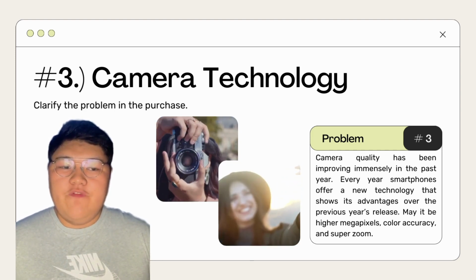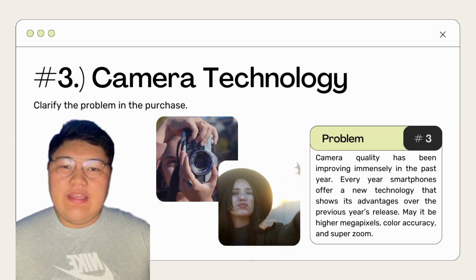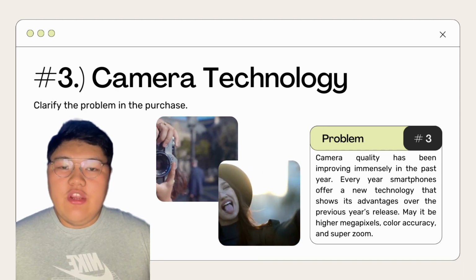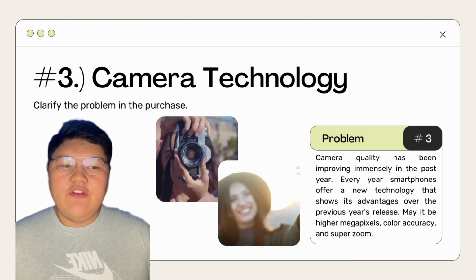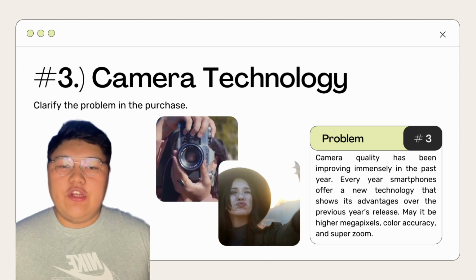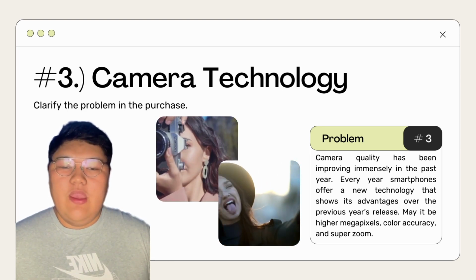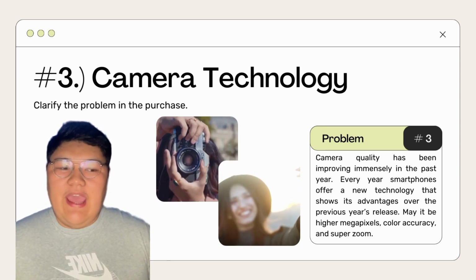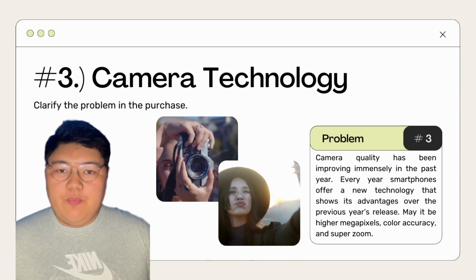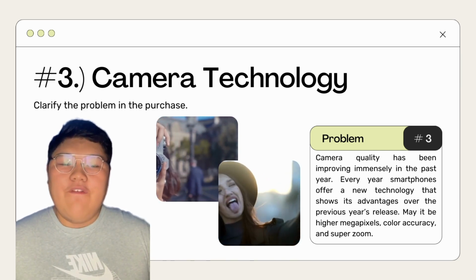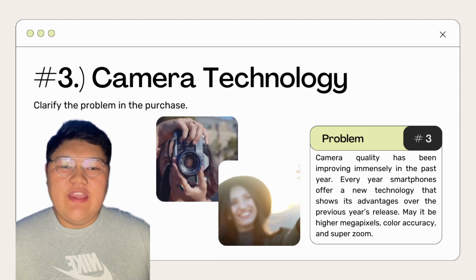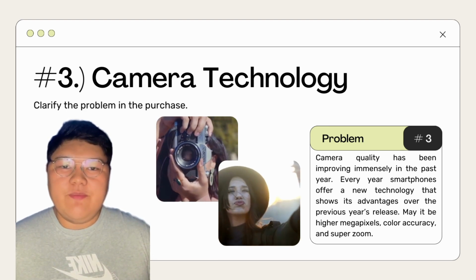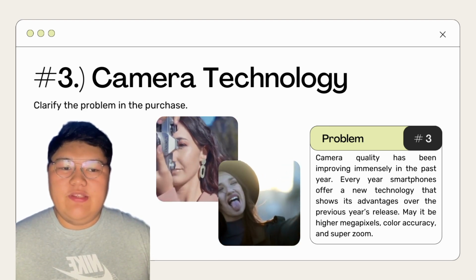In the situation of Micah, a Samsung Galaxy S1 from the year 2010 is inferior to the smartphones we have in the current years. Its specs as of its time were superb, with a whopping 5 megapixels and 720p at 30 frames per second video capabilities.